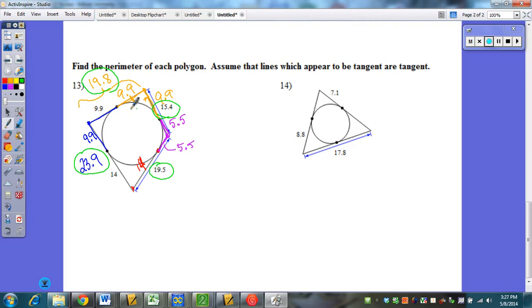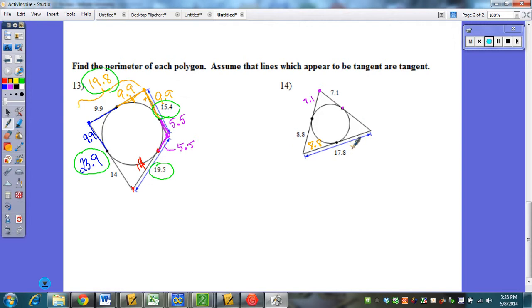Same thing here for 14. If this exterior point to that point of tangency is 7.1, then this is 7.1. If from the point of tangency to the exterior point here is 8.8, then this is 8.8. Hang on. All right.